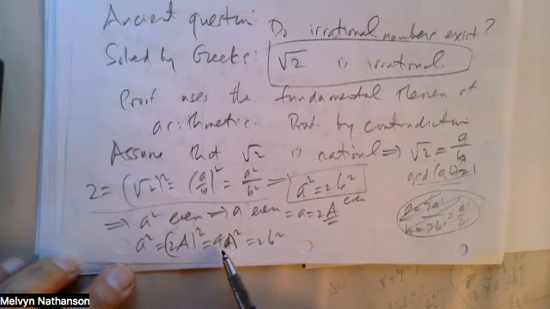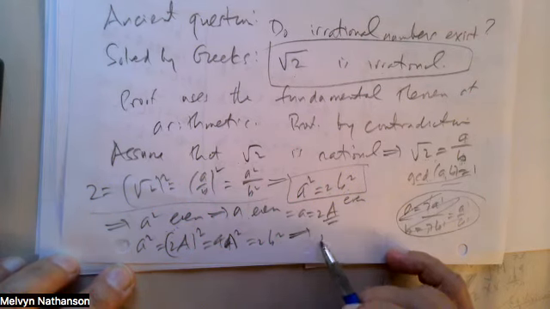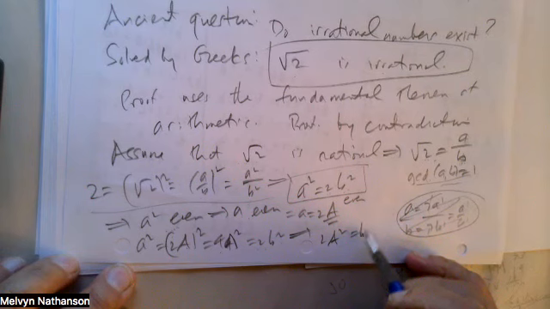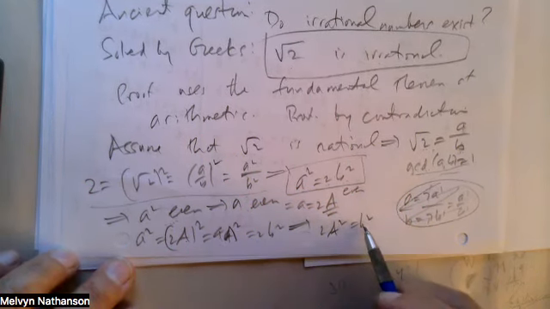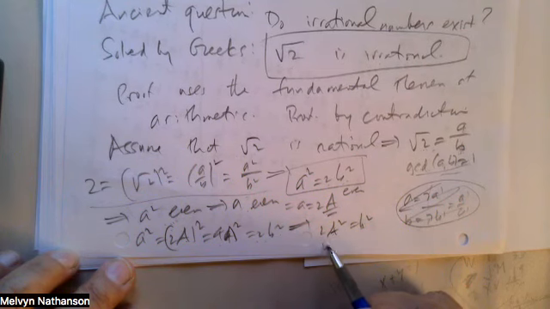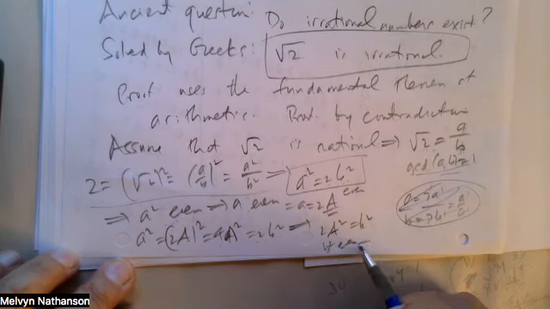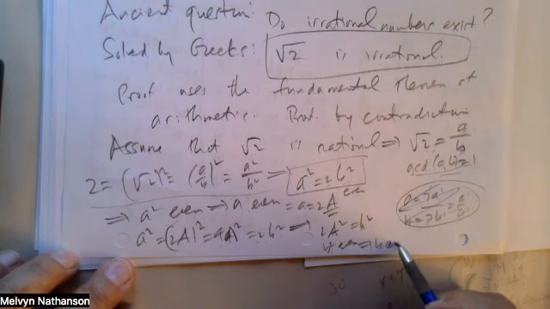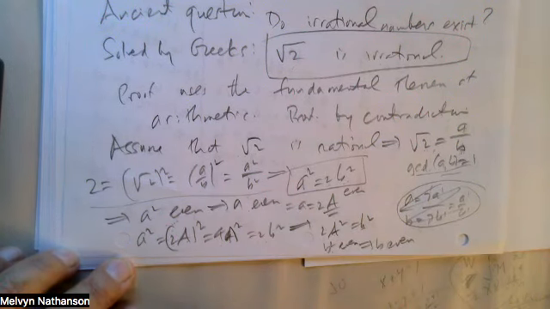Right? So you have 4 capital A squared is 2b squared. Divide by 2. 2 capital A squared equals b squared. Which means b squared is twice an integer. b squared is even. And if b squared is even, b is even.